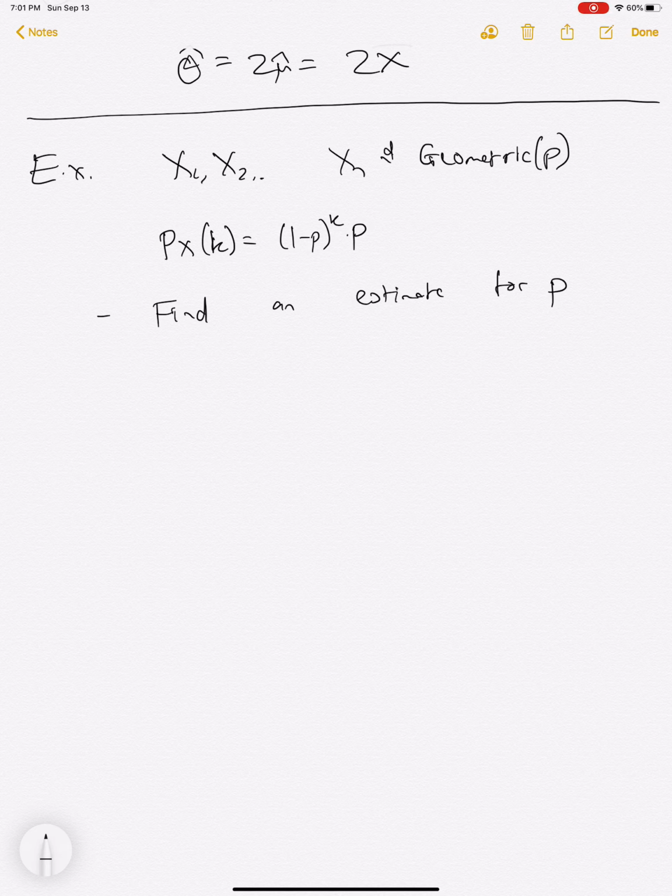Remember that the geometric distribution was just counting the number of failures that you had before the first success. So step one is to find the mean. So mu is equal to E of Xi.